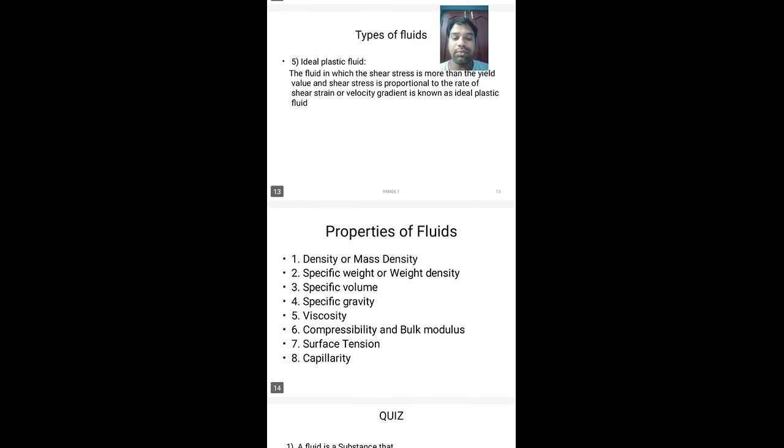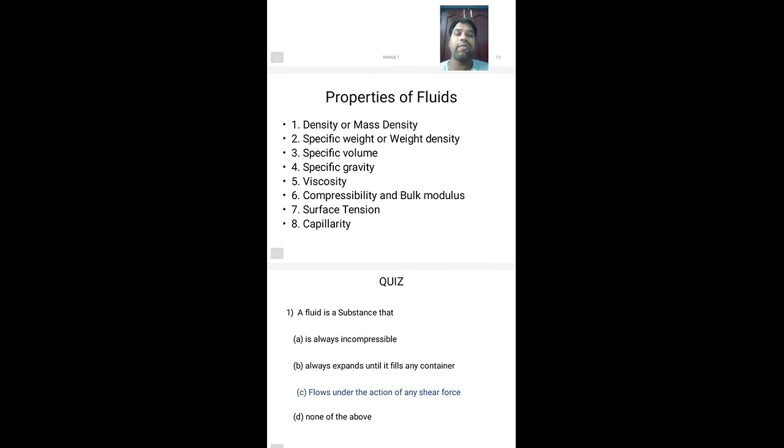Now we will see some quiz related to what we discussed so far. What is a fluid? A fluid is a substance that: A, is always compressible; B, always expands until it fills any container; C, flows under the action of any shear force; D, none of the above.